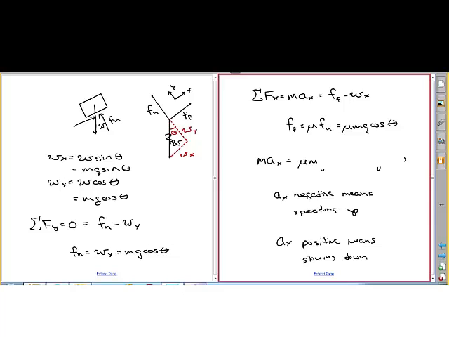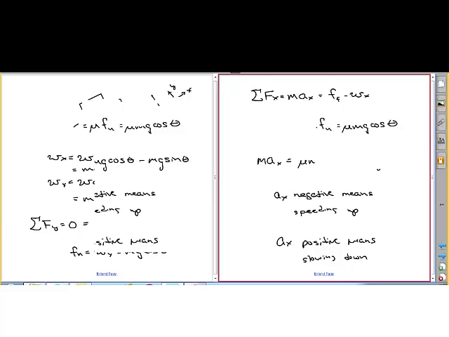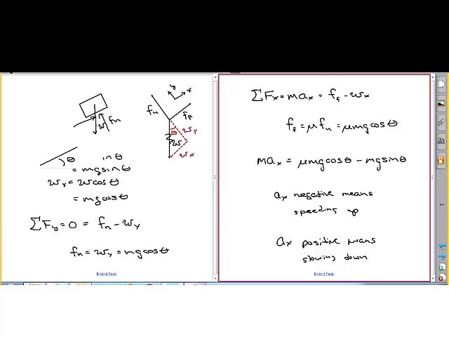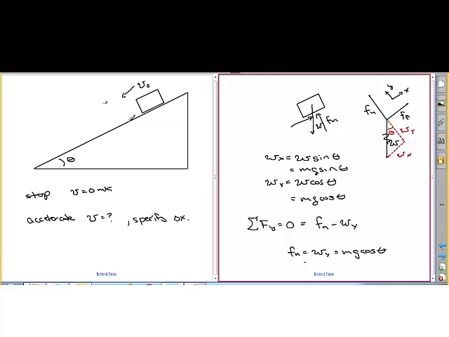Now notice again, I have mass in each part, so acceleration is then going to be mu g cosine theta minus g sine theta. And I just realized that this problem is where I do have friction.